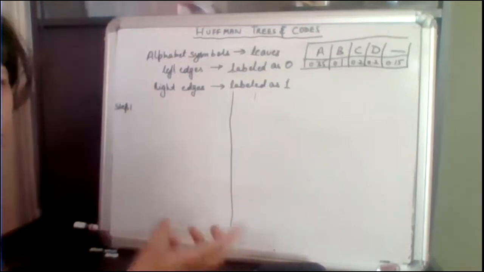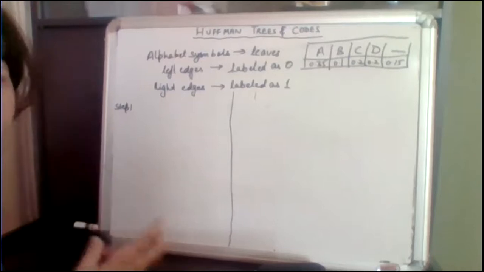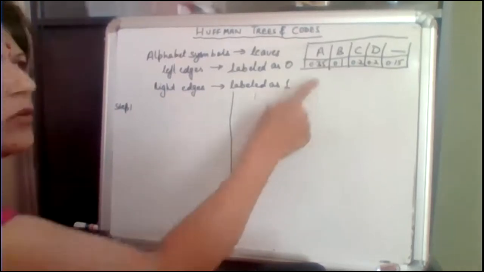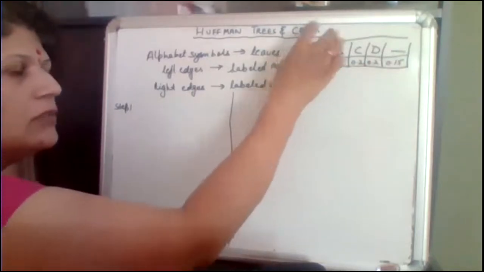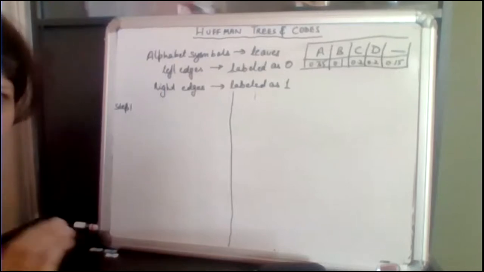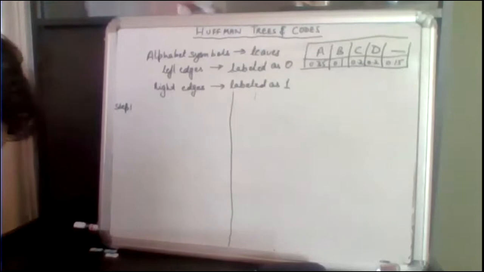If we are given any text, from that text for each character or alphabet, we need to find out the frequency. Once we have this alphabet frequency table, then we can apply the Huffman tree.